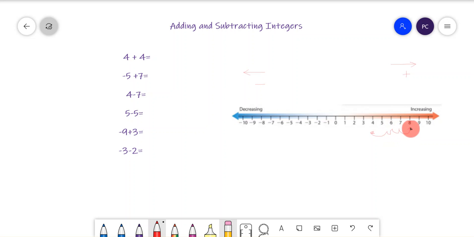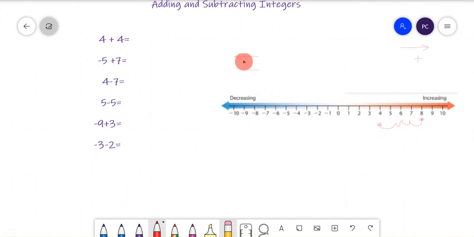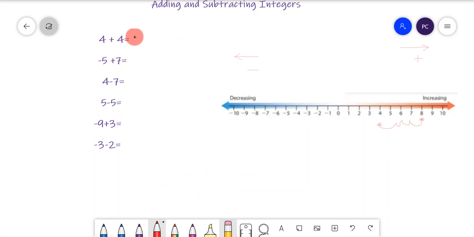We end up here at 8. As we know, 4 plus 4 is equal to 8. So the first answer is 8.